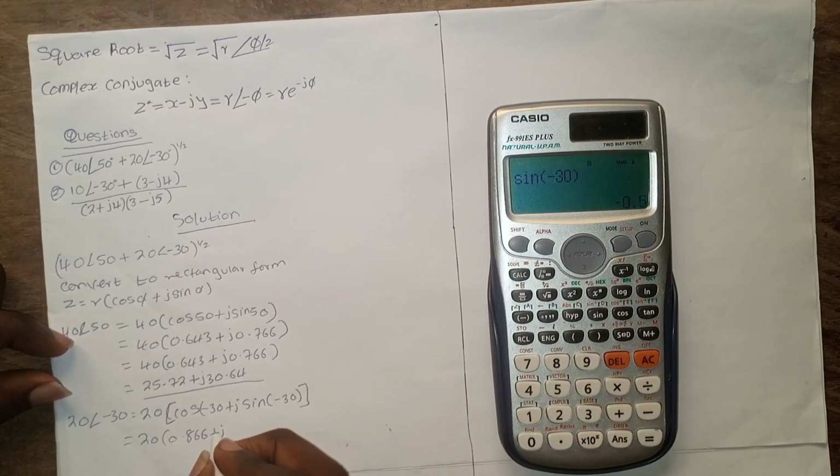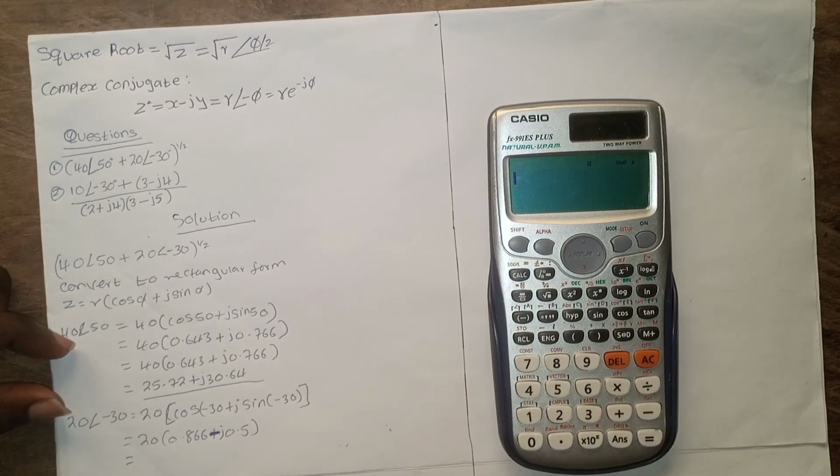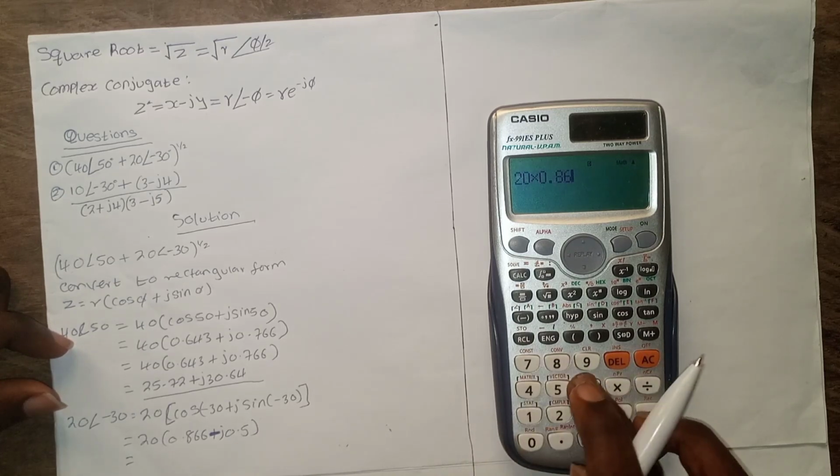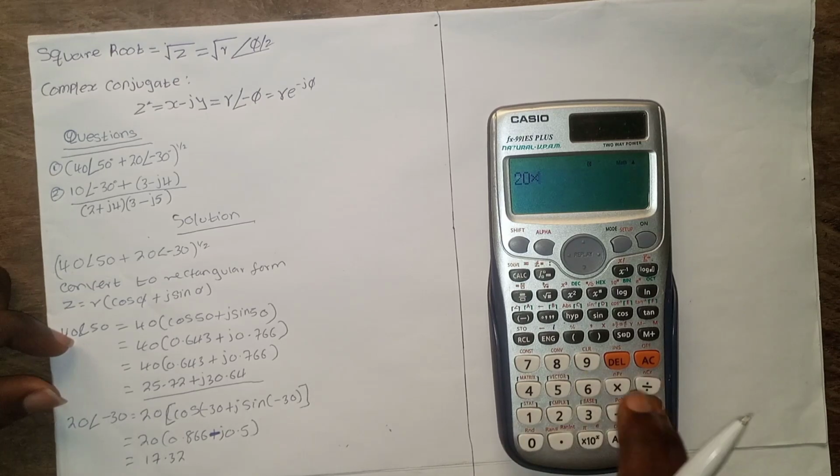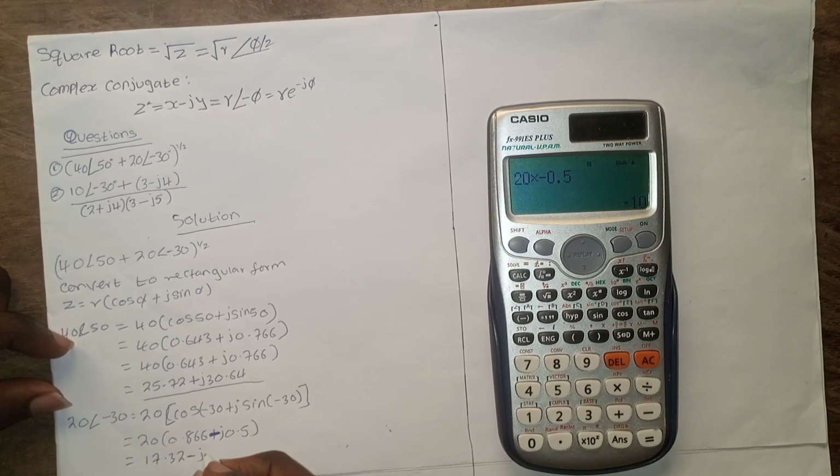So this plus will be minus. When we multiply it, we go to 20 times 0.866, that is 17.32. Then 20 times minus 0.5, so it's going to be minus j10. So this is this one.